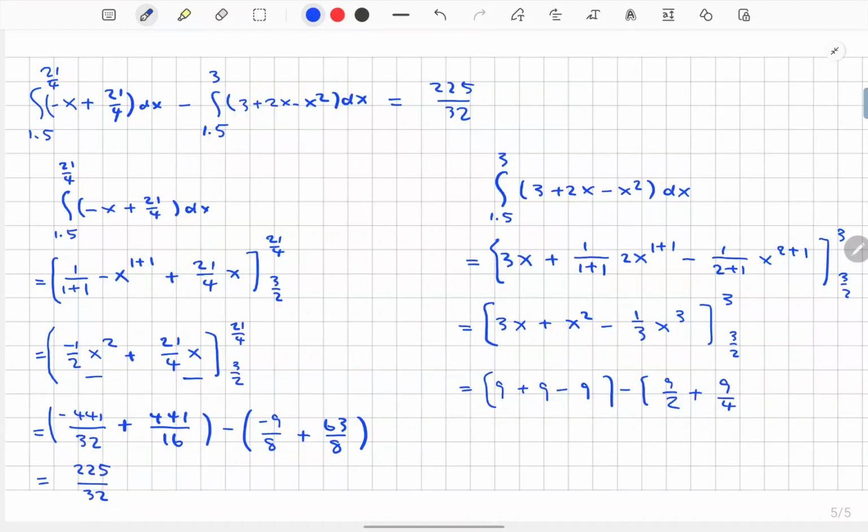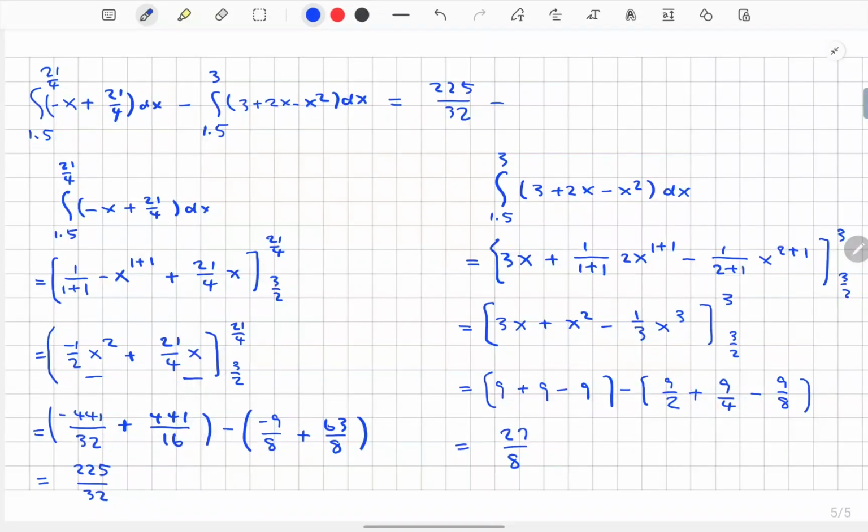Then minus 1/3 times 3 over 2 cubed, this is 9 over 8. And our answer is 27 over 8.